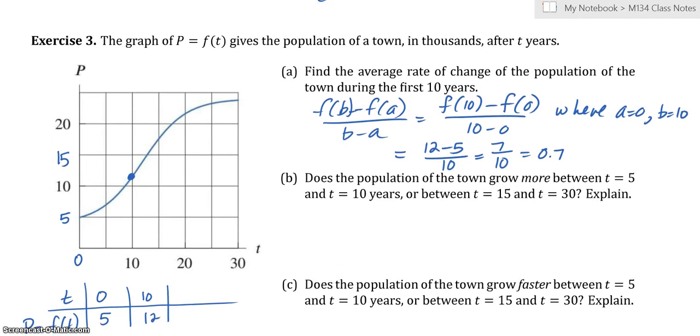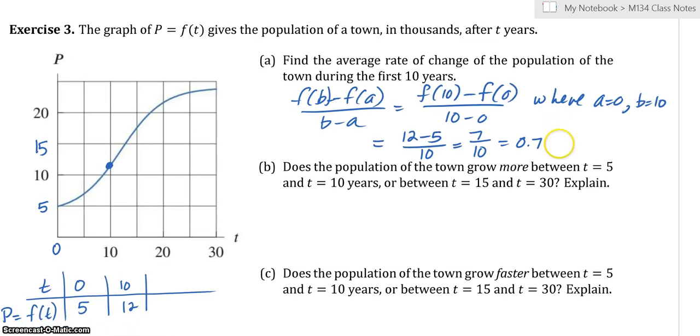What does that mean? This is in thousands, if you remember. So if for instance 5 means 5,000, 12 means 12,000. So 0.7 means thousands, right?